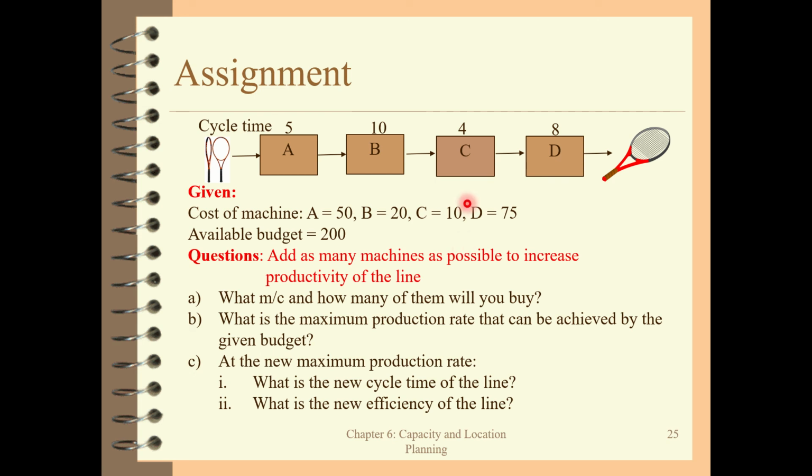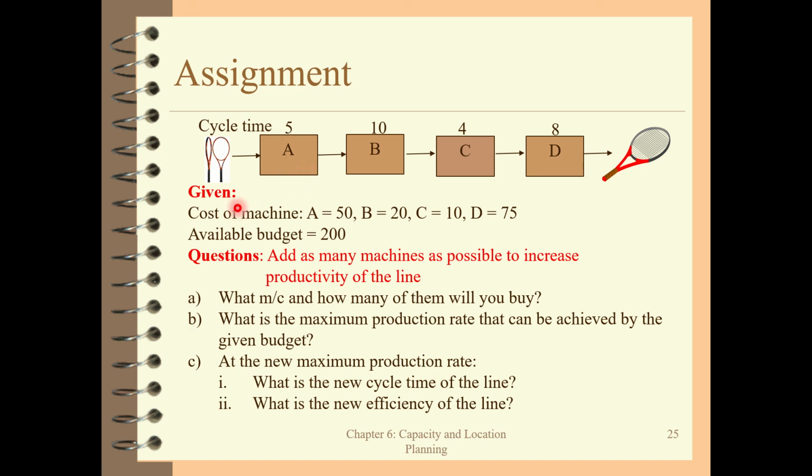And your last assignment here, I give you the same problem. The 4 machines, I give you the cycle time of each machine, but I change a little bit about the way we make the decision.